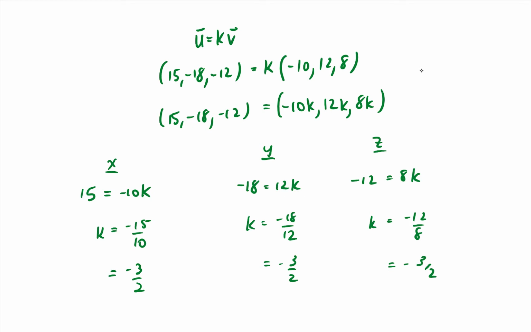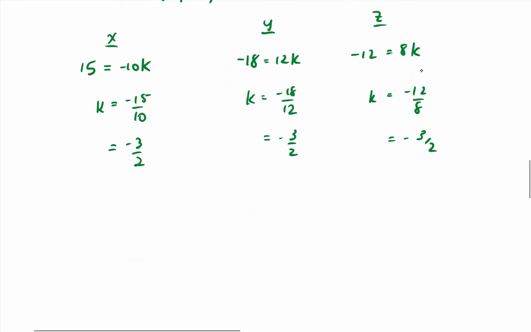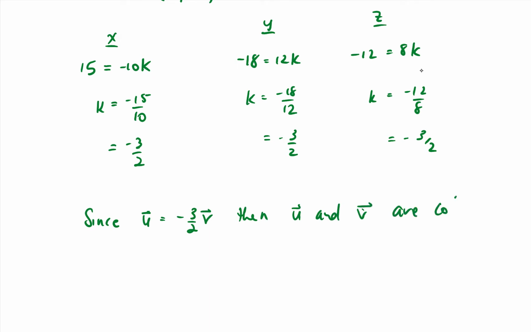So in this case, since all the k values are the same, then u and v are collinear. So since vector u is equal to negative 3 over 2 of vector v, then u and v are collinear. So that is one method to prove two vectors are collinear.